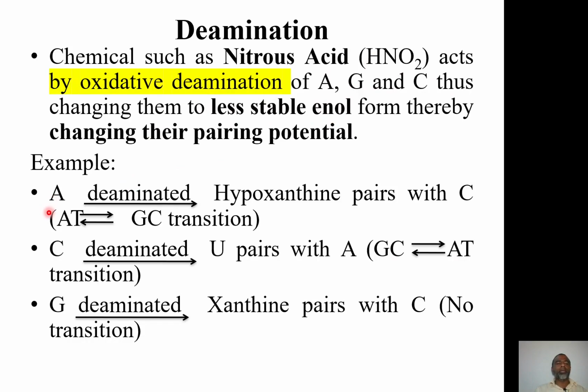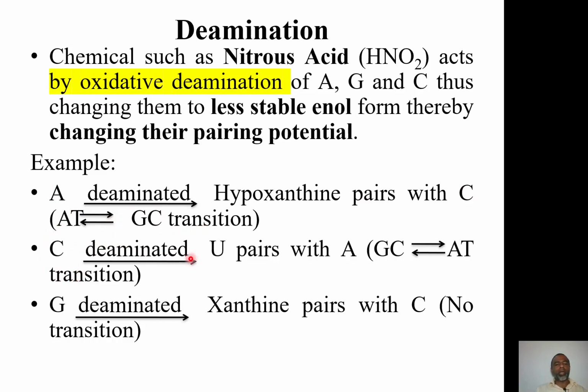For example, when adenine is deaminated to hypoxanthine, then hypoxanthine will not pair normally as A was pairing with thymine; it will pair with cytosine. So, AT to GC transition will be there.